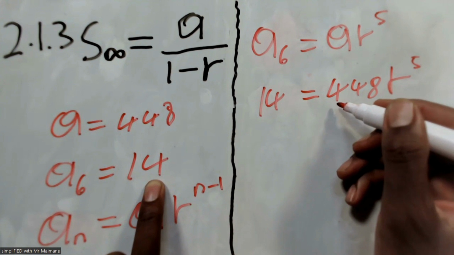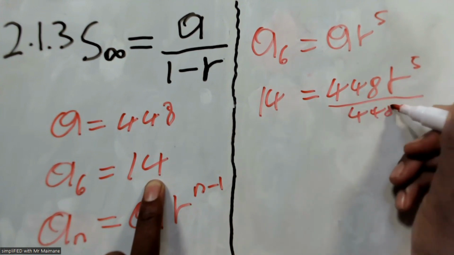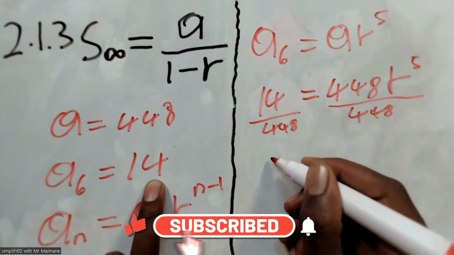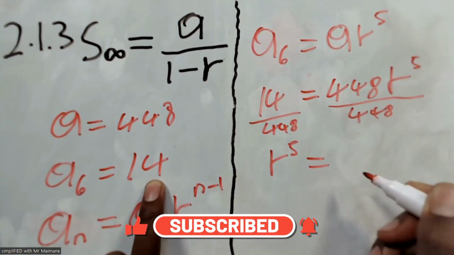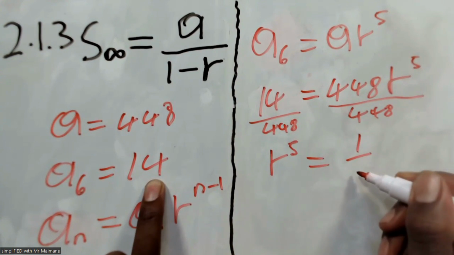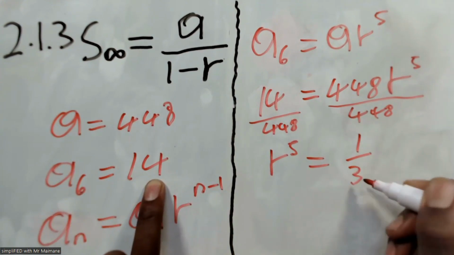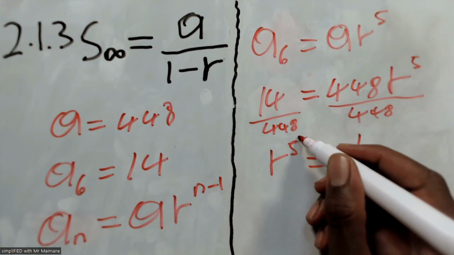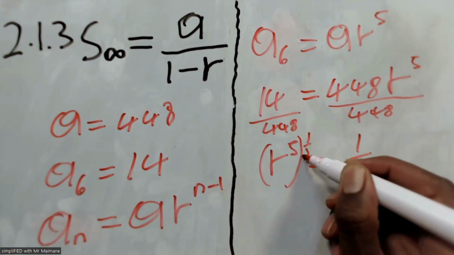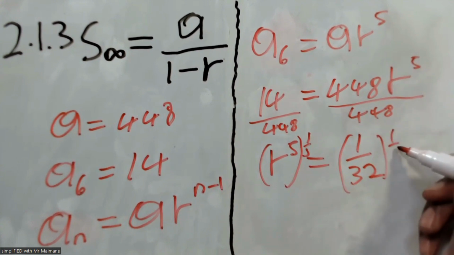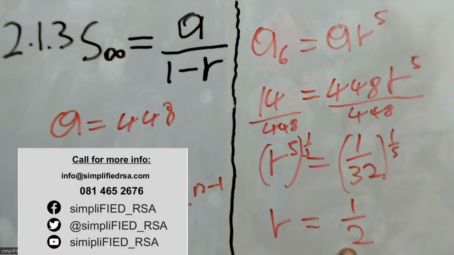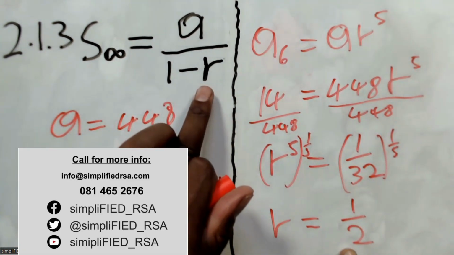Simplifying this further, we divide by 448 on both sides because we want to solve for R. We're going to get R to the 5 to be 1 over 32. Simplifying further, we'll get R to be 1 over 2. So our value of R there is 1 over 2.